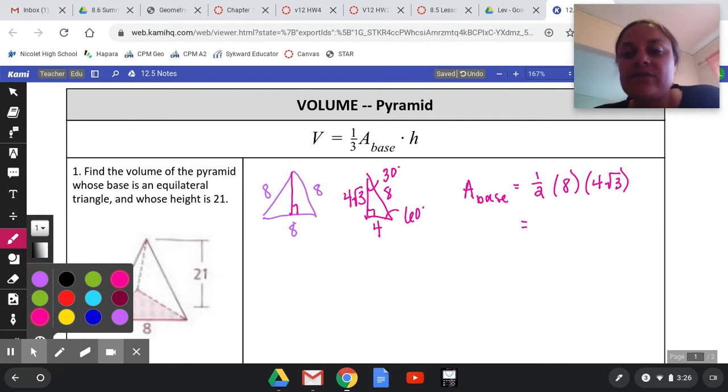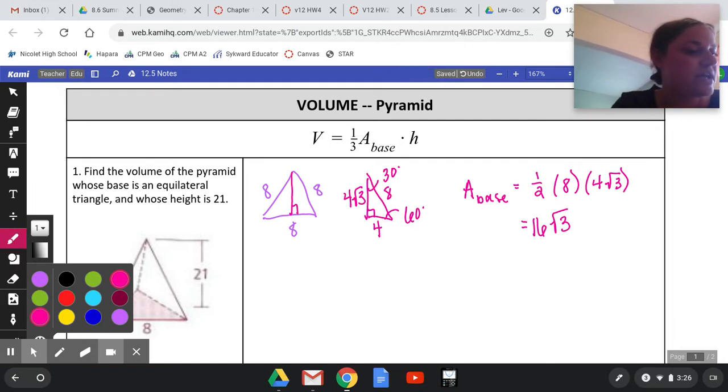So 16√3 is the exact area of the base, and I'm not going to round until the very end. So the area of my base is 16√3, which is approximately 27.7, but I'm going to use 16√3 until I get to the very end to eliminate as much rounding as possible. So I've got my area of the base, and then the height is given to me as 21.